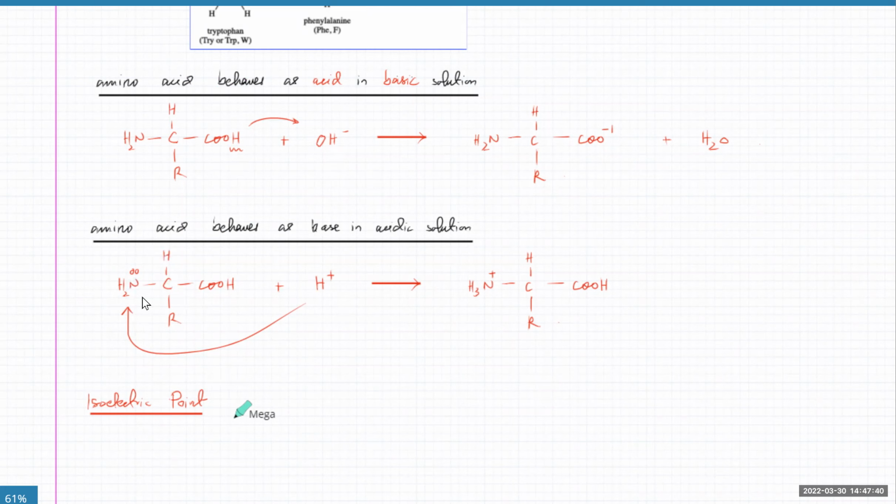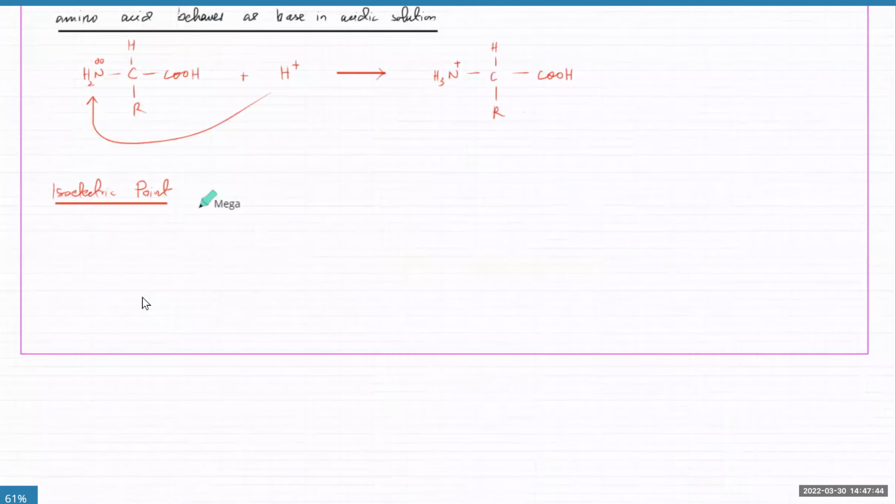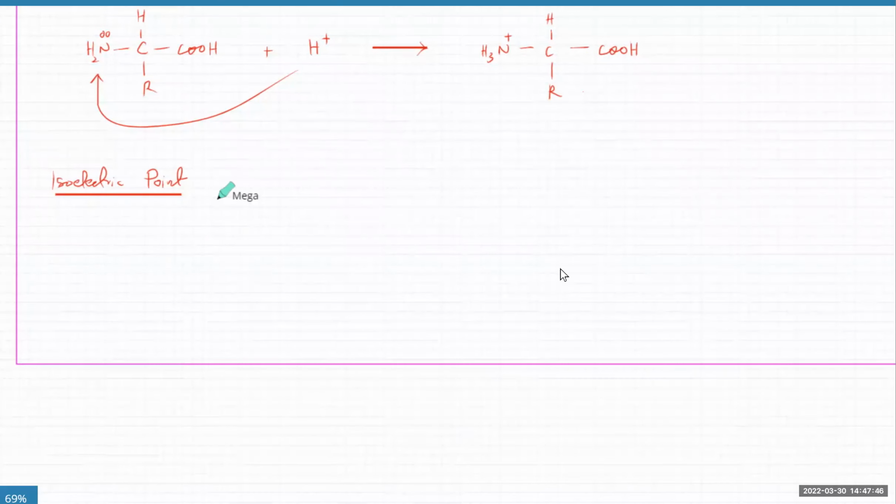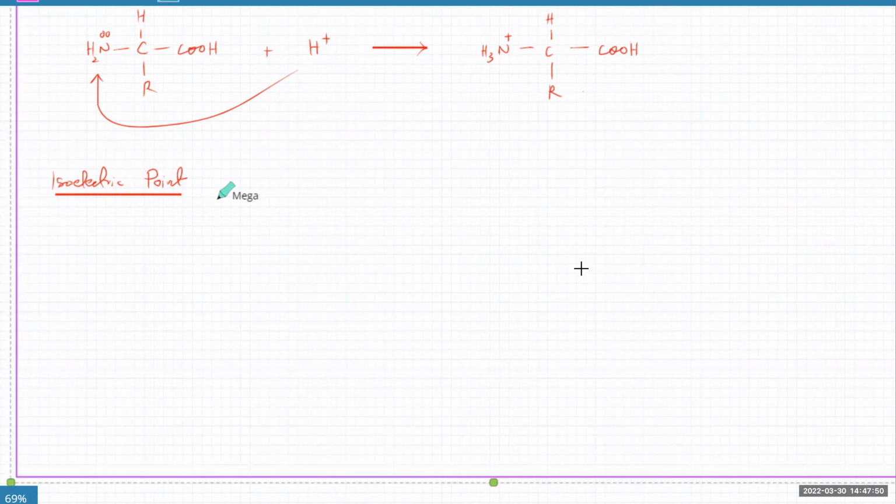So somewhere in the middle, the isoelectric point is the point at which zwitterions are formed. Okay, that's the point.